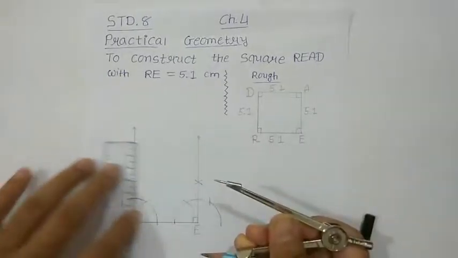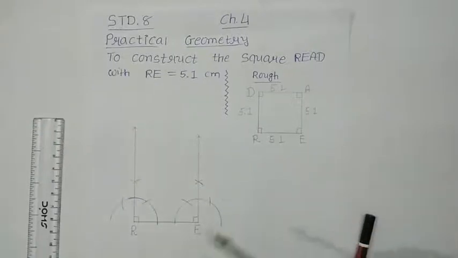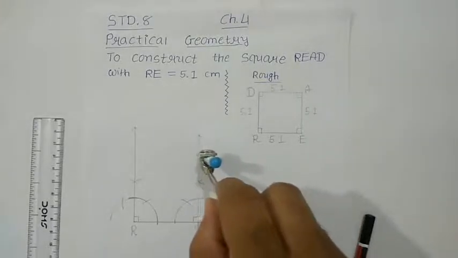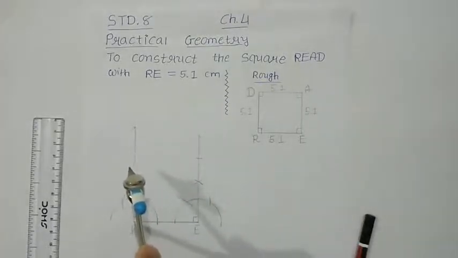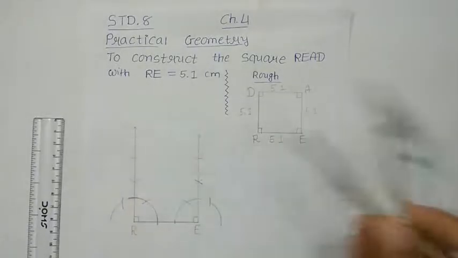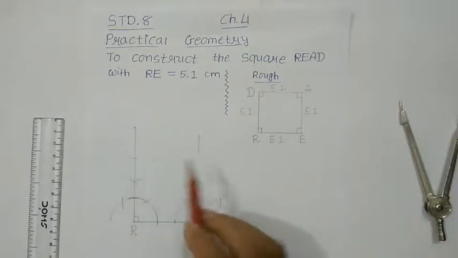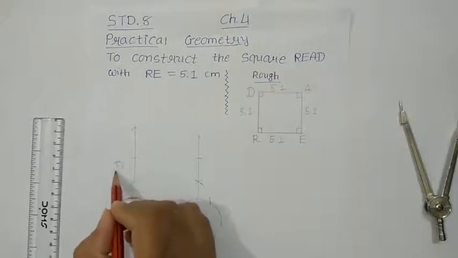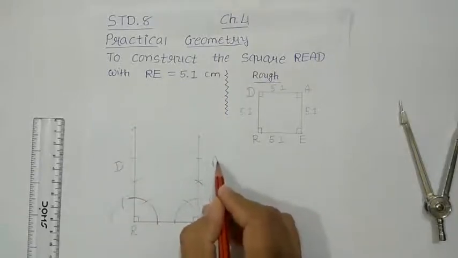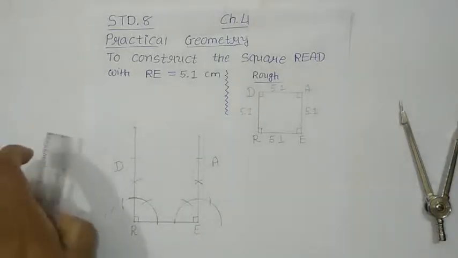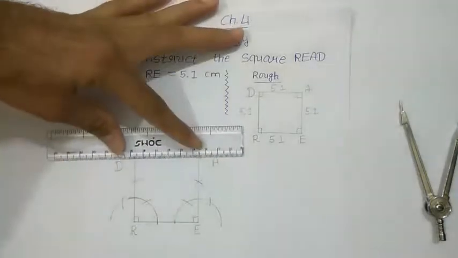Now make 2 arcs, one from E on this ray which we have drawn, and one from R. So here we get 2 more points. This point is D and this point is A. So all 4 points we have got. Now join these 2 points, D and A.